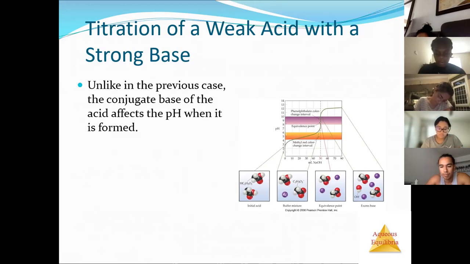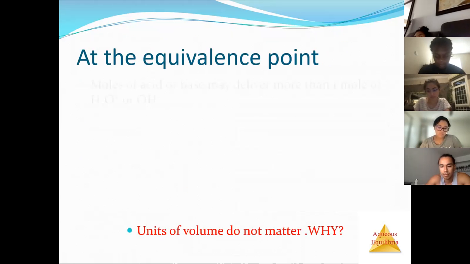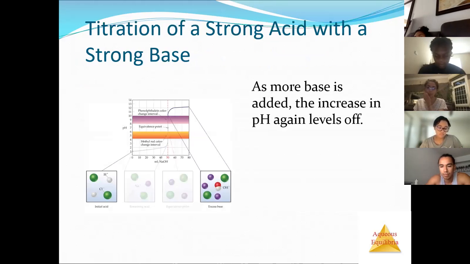Does anybody see any difference? What's the difference after the equivalence point of the titration curve of a weak acid with a strong base versus a strong acid with the strong base? Do you see any difference from the equivalence point on?